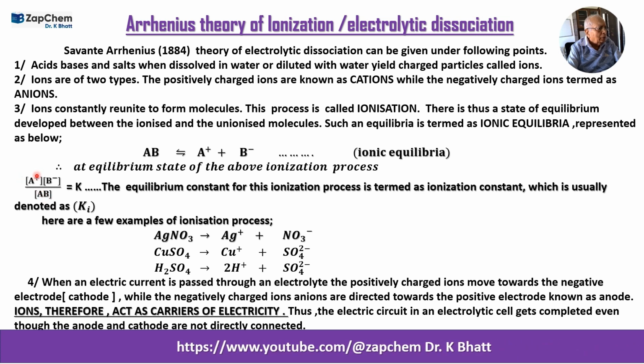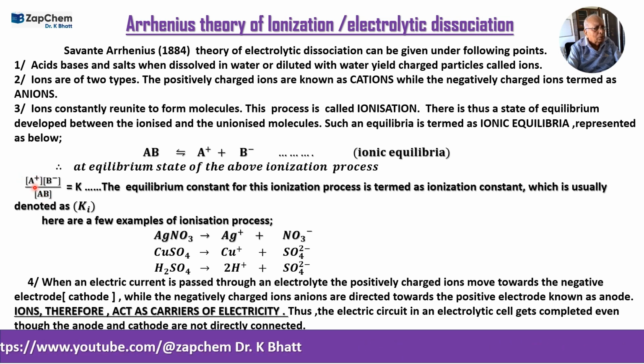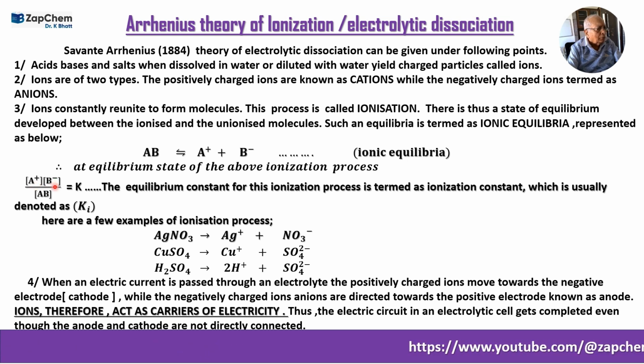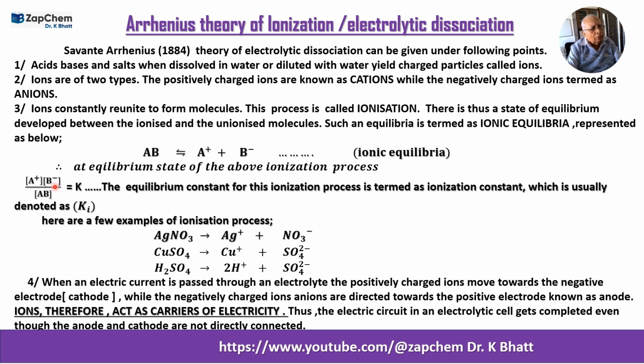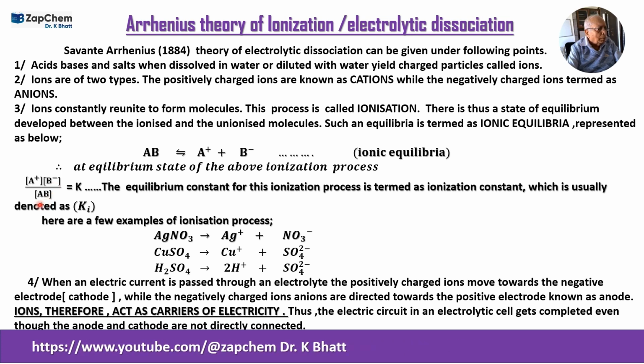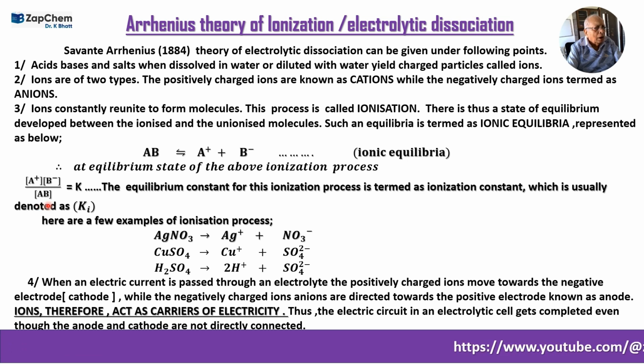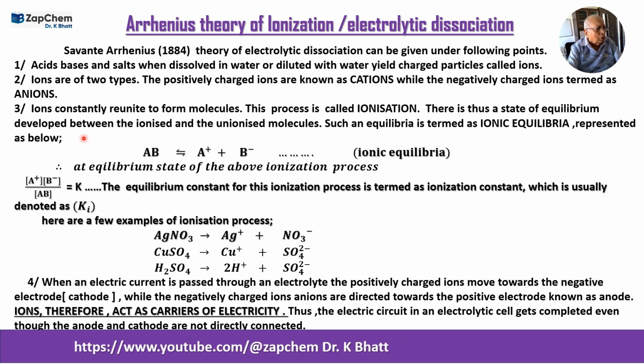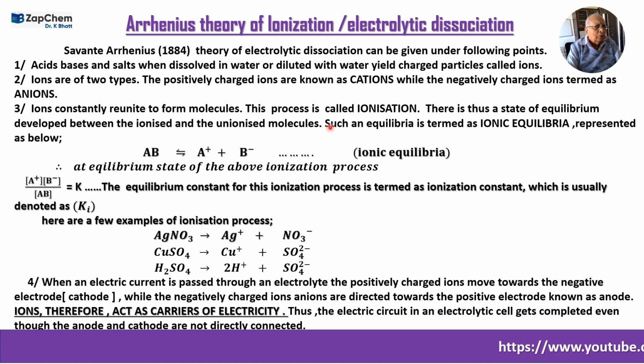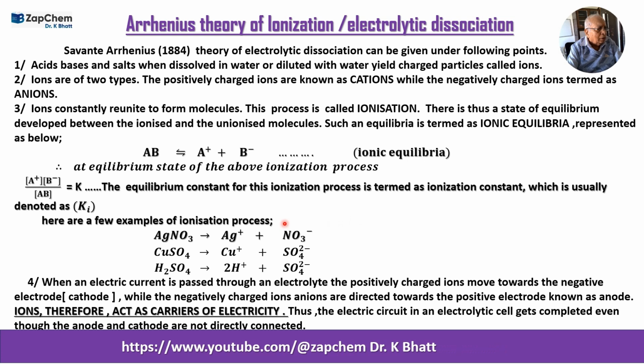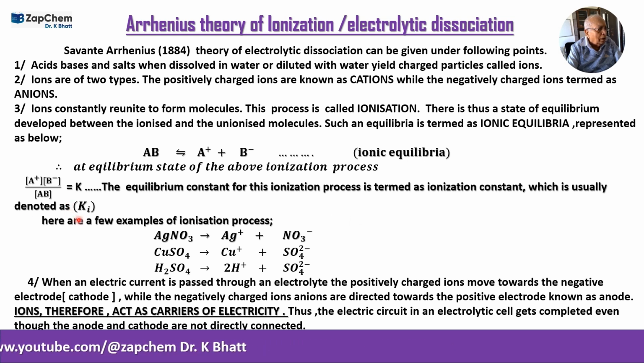Like this, the active mass of A plus, or the concentration of cation, into the concentration of anion, represented in terms of active masses, upon the concentration or the active mass of unionized molecule, will be equal to a constant at equilibrium state, and that is of course known as equilibrium constant. But since it is an ionization reaction, we call it the ionization constant and represent it by Ki.